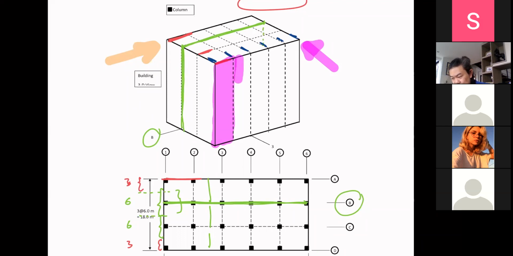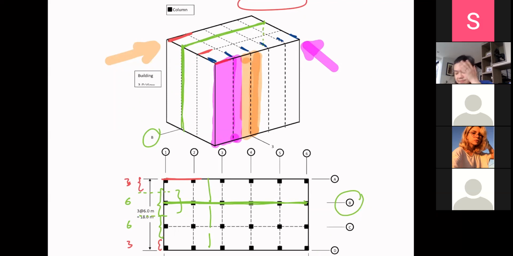So this becomes the tributary area for frame number 2, right? Am I correct? Yes. Okay, so far so good. And this will be the tributary area for frame number 3: half between 4 and itself, and then the rest of the half between 2 and itself. Right?